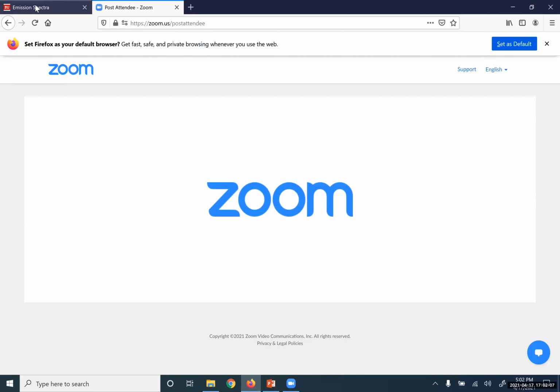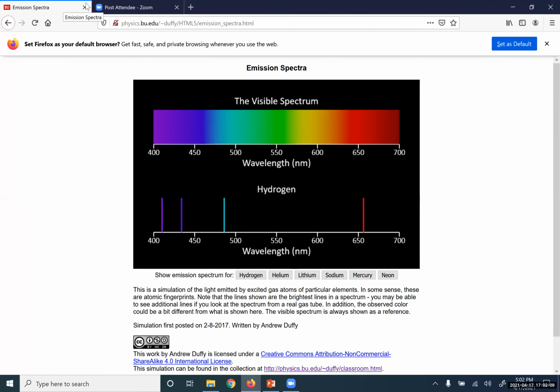Say for example, here for hydrogen, as you just saw, this is the emission spectrum for hydrogen. You see there are 4 colors that lie in the visible spectrum. For the emission spectrum of helium, we can see 1, 2, 3, 4, 5, 6 lines.